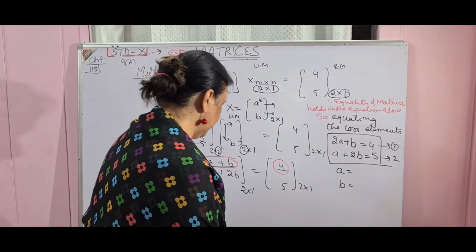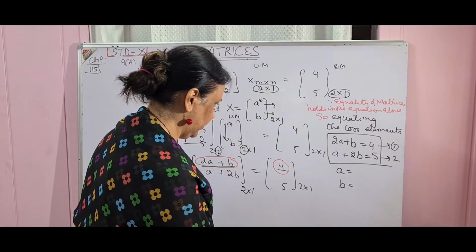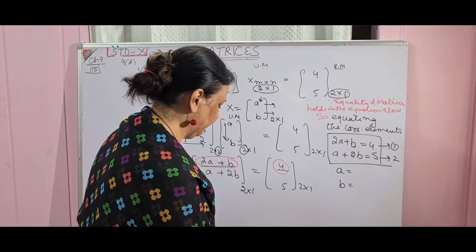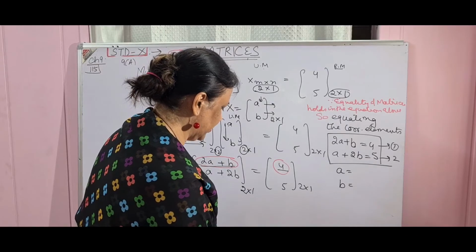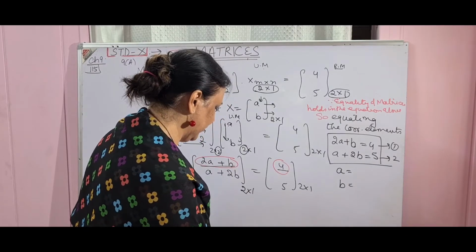A will be equal to, solve it in the rough column. I told you to check all the calculations in the rough column twice, so that you should be very sure when you give the answer.